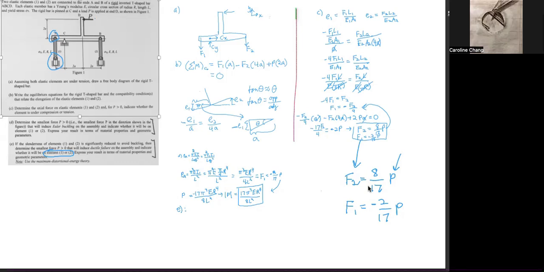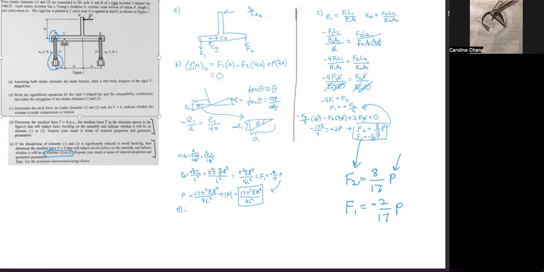So thus F2 is going to be the limitation for failure in this particular example. In short, F2 is going to fail at a smaller value for P.